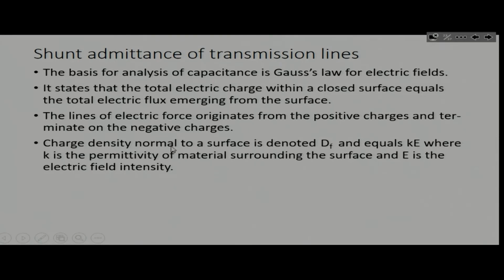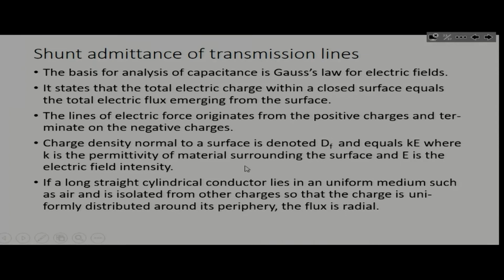Charge density normal to a surface is denoted D_F. Now, normal to a surface means it's perpendicular to that surface, so it's going straight through the surface. And it equals kE, where k is the permittivity of the material surrounding the surface, and E is the electric field intensity.